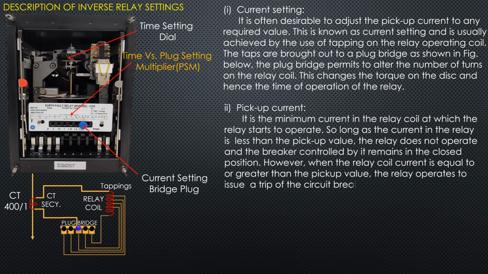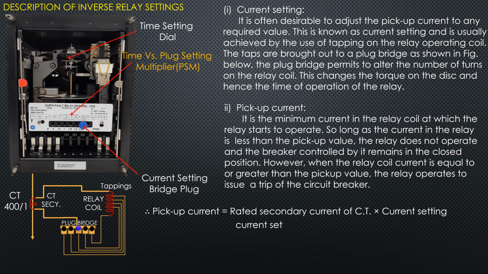signal to the circuit breaker. Therefore, pickup current is equal to rated secondary current of the CT (current transformer) into current setting. For example, suppose that an overcurrent relay having current setting of 125% is connected with a CT secondary of 400 by 1 CT. The rated secondary current of the CT is 1 ampere.